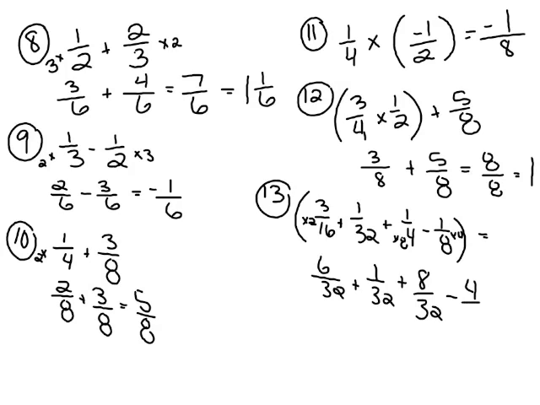Minus 4 32nds. Now what? Add them together. So 6 plus 1, 7, plus 8, 15, minus 4, 11. 11 32nds. Will that simplify? No.